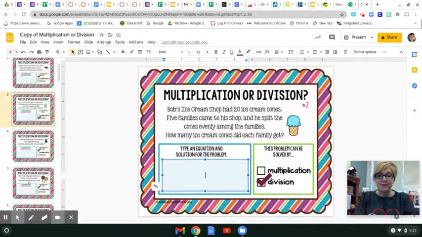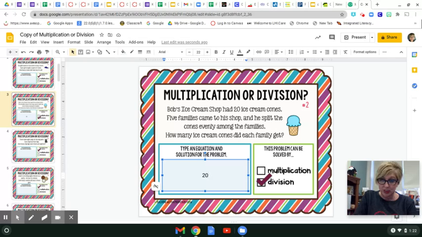When we divide, we start with that large group, whatever we're going to divide out. When we divide out, our number gets smaller. So if 5 families come into the shop, they're going to get a smaller number than 20, because those ice cream cones are being divided out by a number of families.